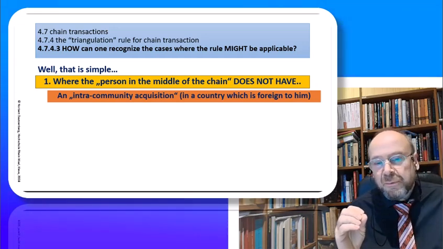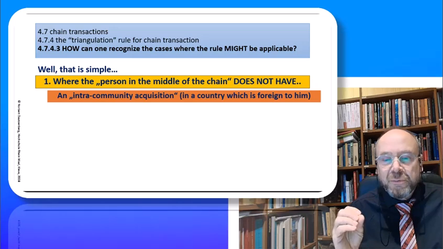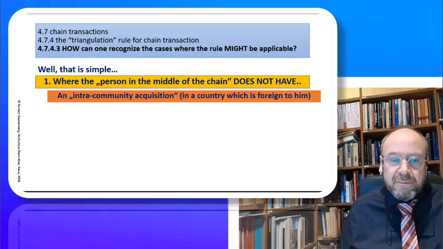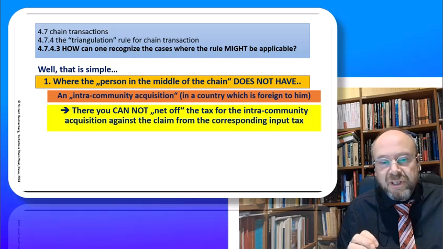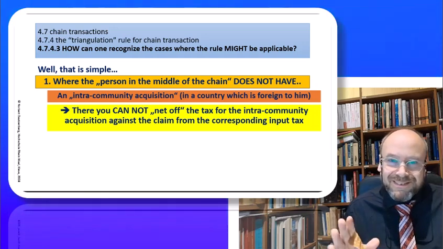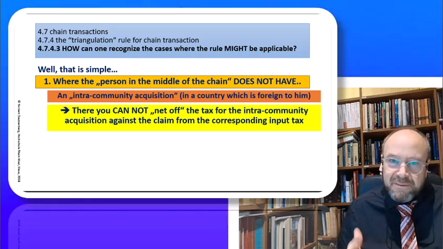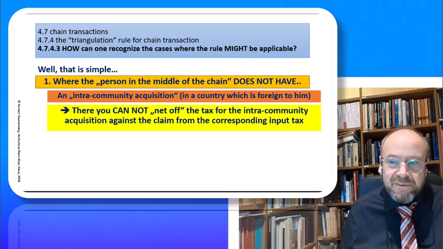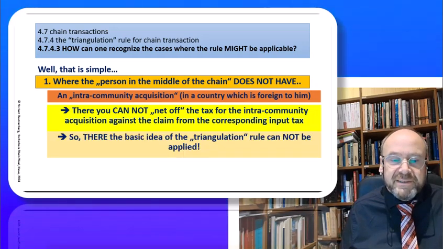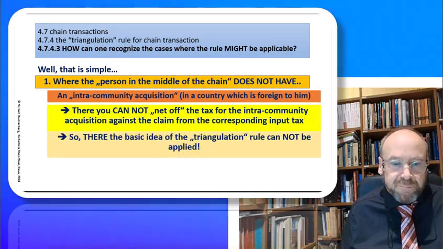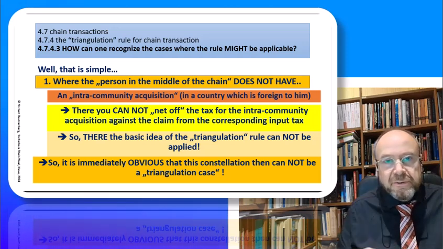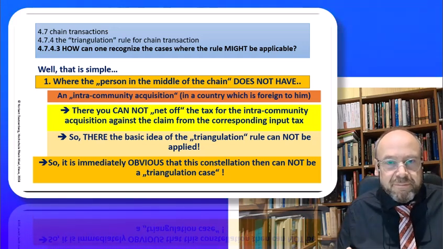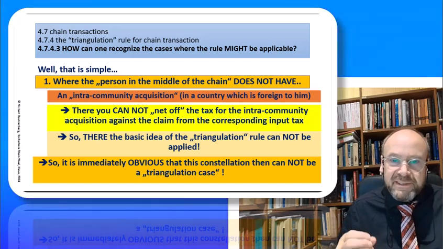So when would triangulation not work? Where there is no intra-community acquisition for the middleman in the chain, you can't renounce on intra-community acquisition taxation. So the basis is not there, and you can immediately conclude it's obvious that the simplification rule for triangulation cases can't apply.